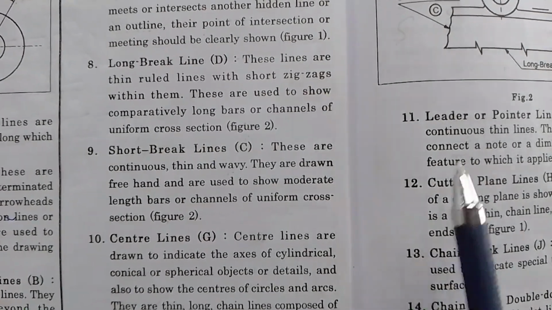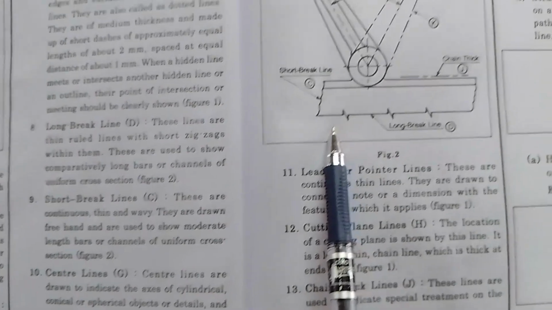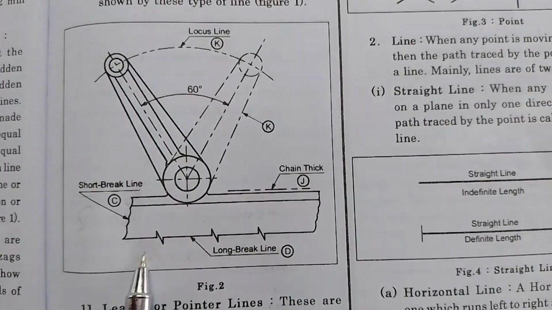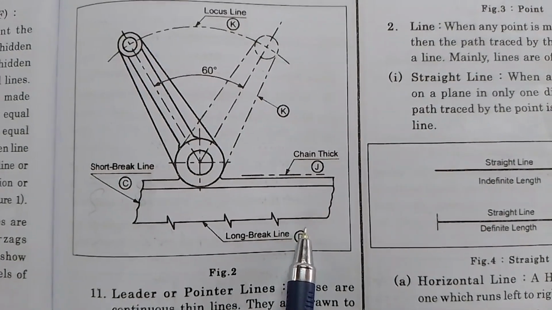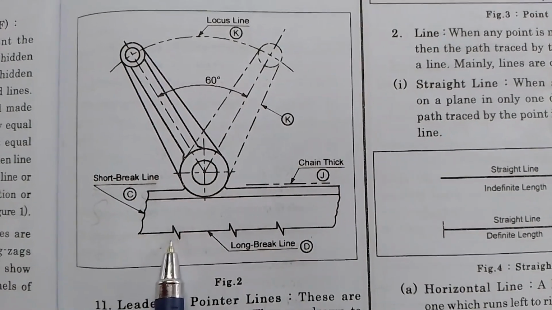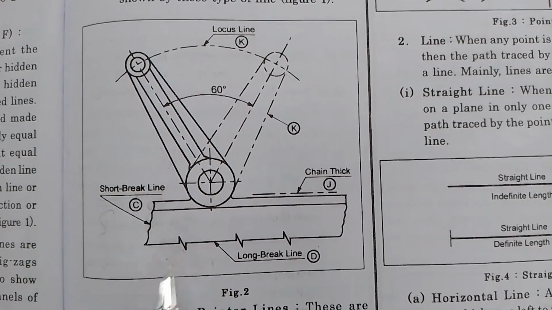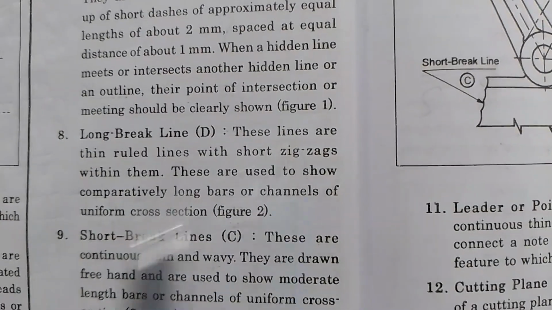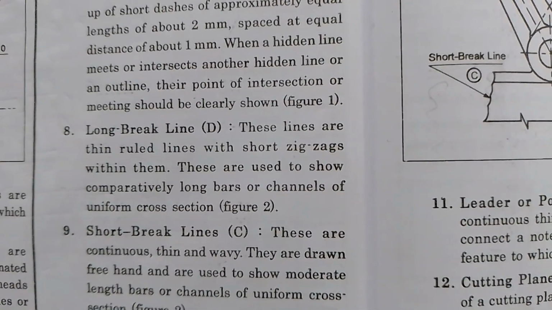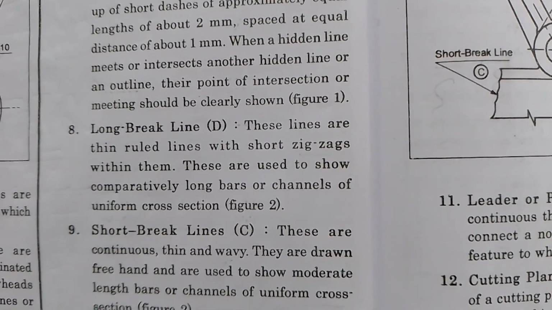And here also we can see the long break lines. Along the length, we have the long shaft. These long break lines are thin ruled lines with short zigzags within them.